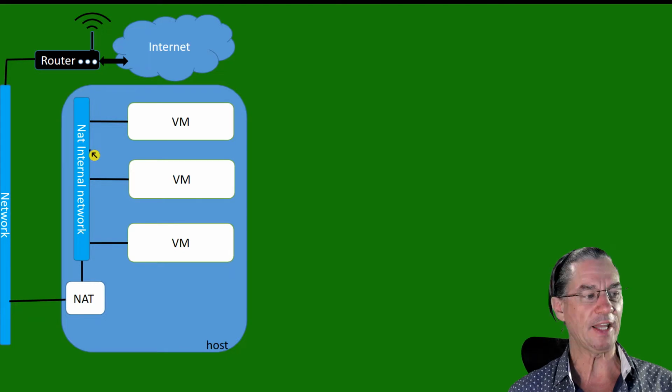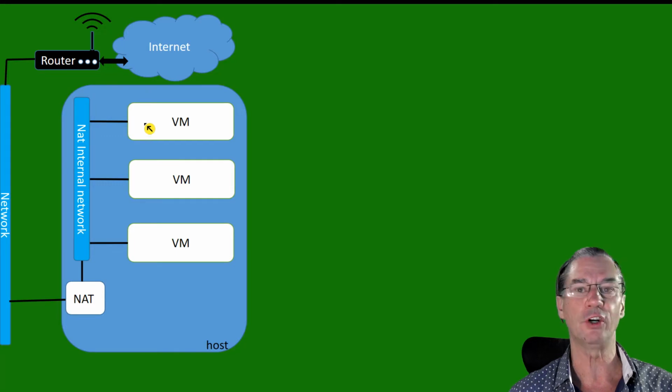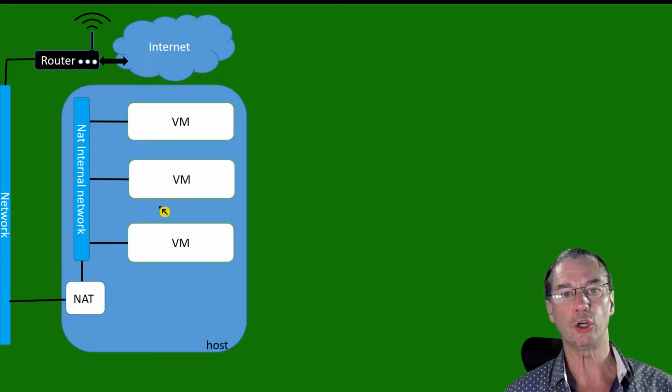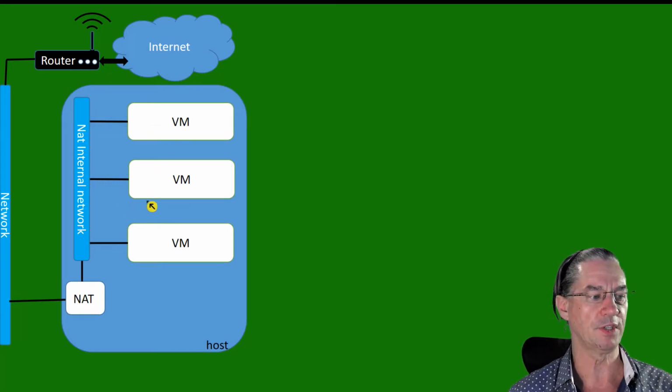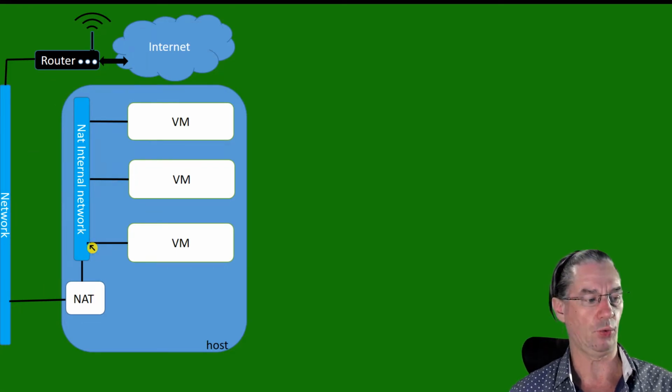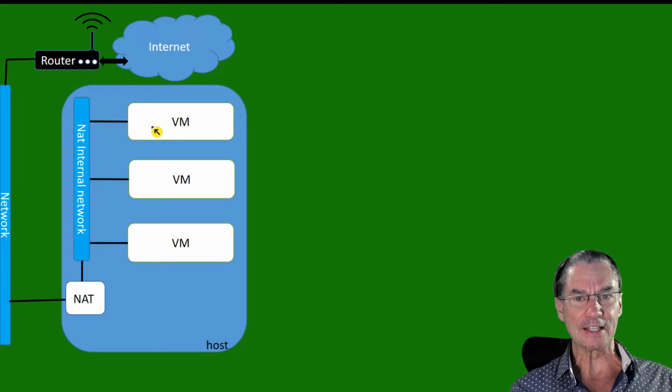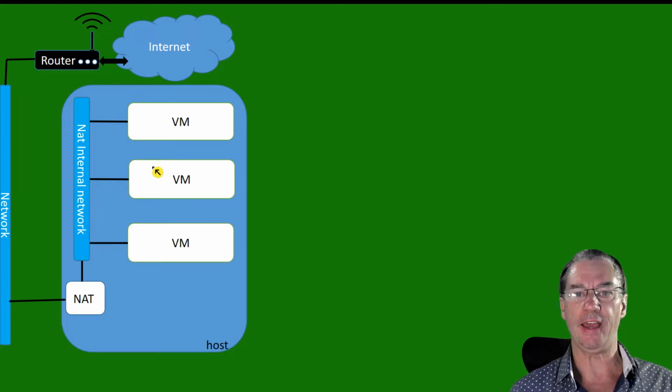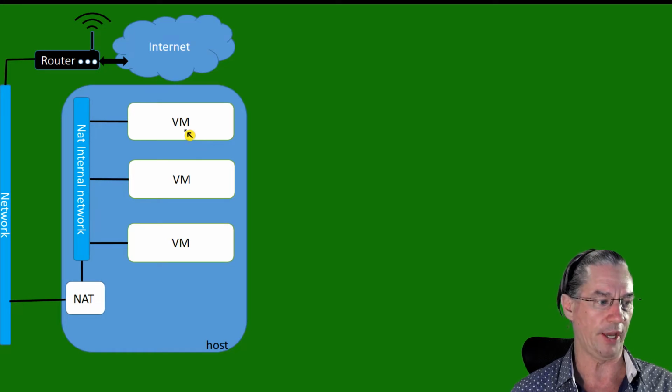The NAT internal network gives us the possibility to have the different virtual machines communicate among themselves without disturbing the rest of the network. In my case, I have 3 virtual networks, but for the demo, I will just use 2 of them.